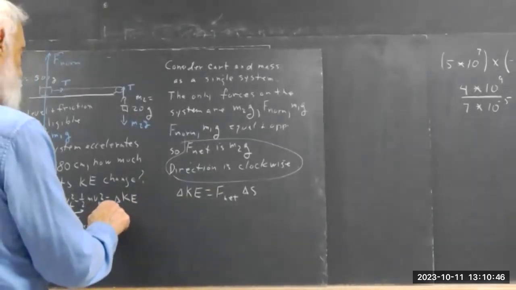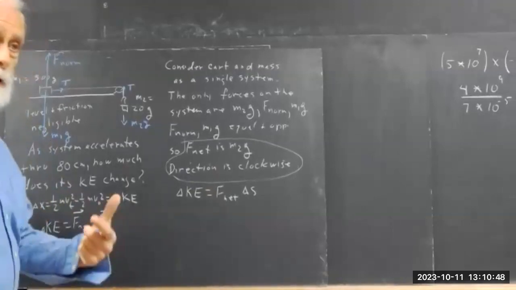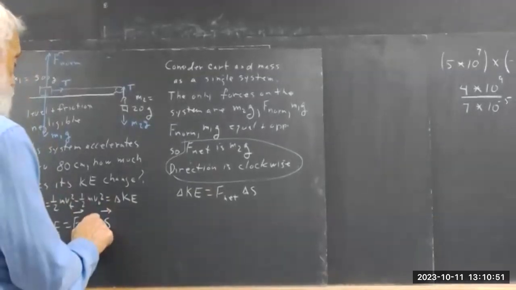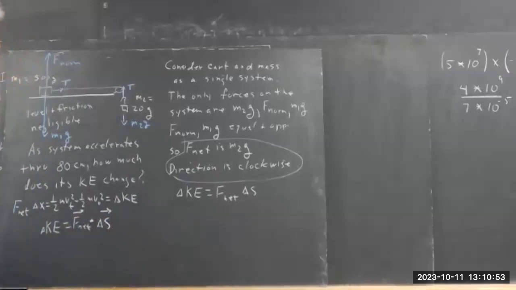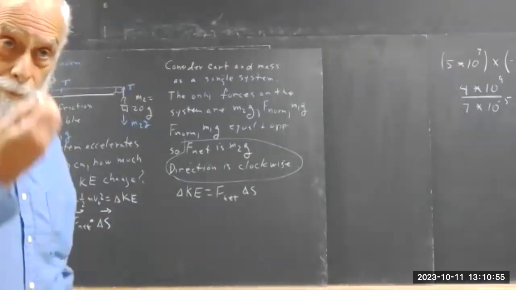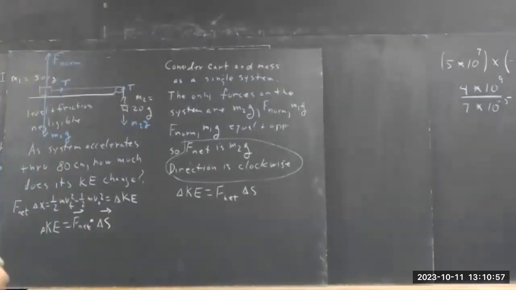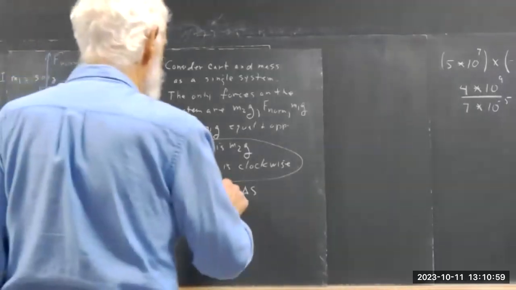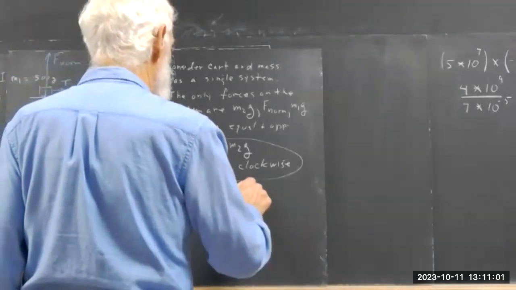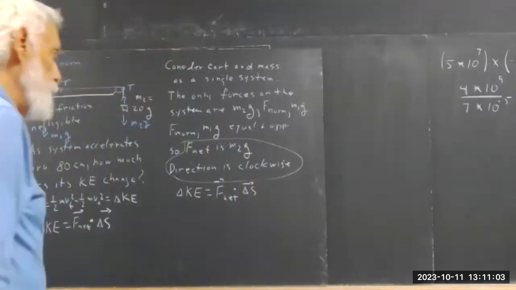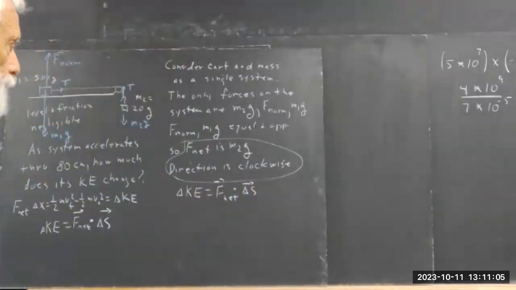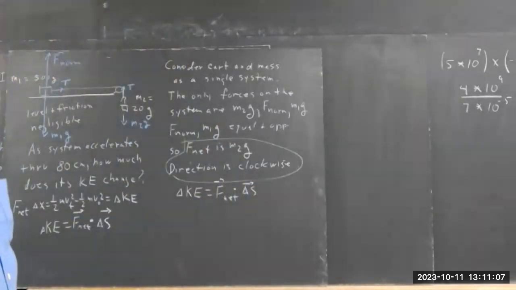But F net and delta S are actually vectors. And to calculate the work, we do the dot product. So our change in kinetic energy is net force vector dotted with delta S.